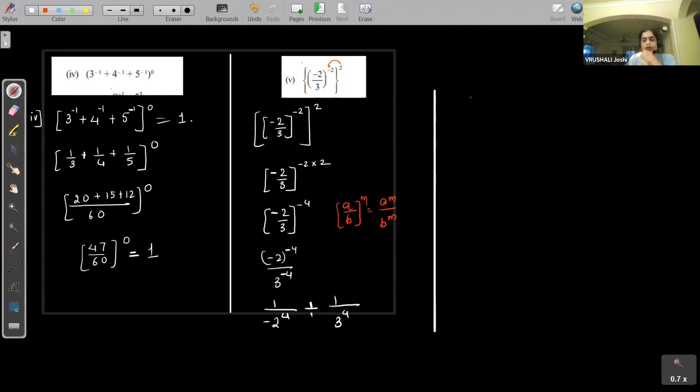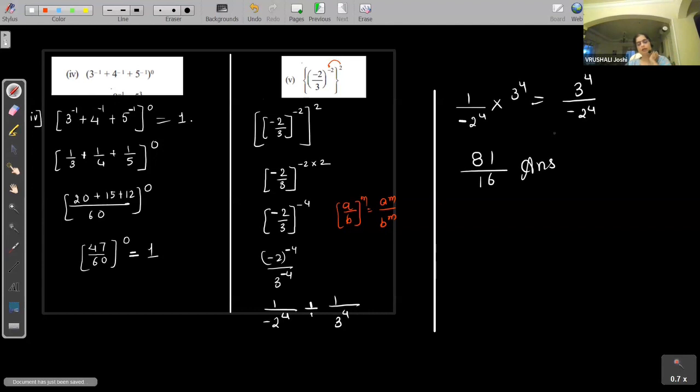This will be 1 by minus 2 raised to 4 multiplied by 3 raised to 4. We have to find the value. 3 to the power 4 is 3 3 is 9, 9 9 is 81. So it's equal to 81. And this is going to be 2 to the 4, so 16. This will be our final answer, because this is same as 3 to the power 4 by minus 2 to the power 4. Everybody getting it or no?